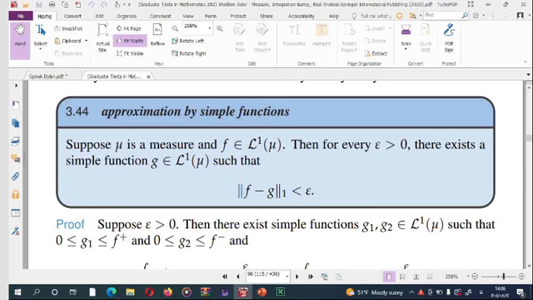Then for every epsilon there exists a simple function g such that the norm 1 of f minus g is less than epsilon, so that we can approximate any integrable function, any element of L1, with a simple function. This simple function is arbitrarily near to f because this norm is less than epsilon and epsilon is arbitrary.